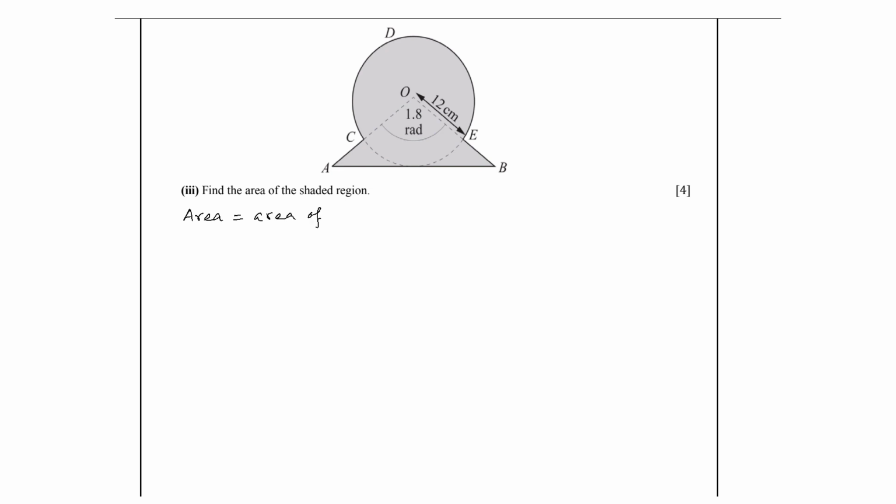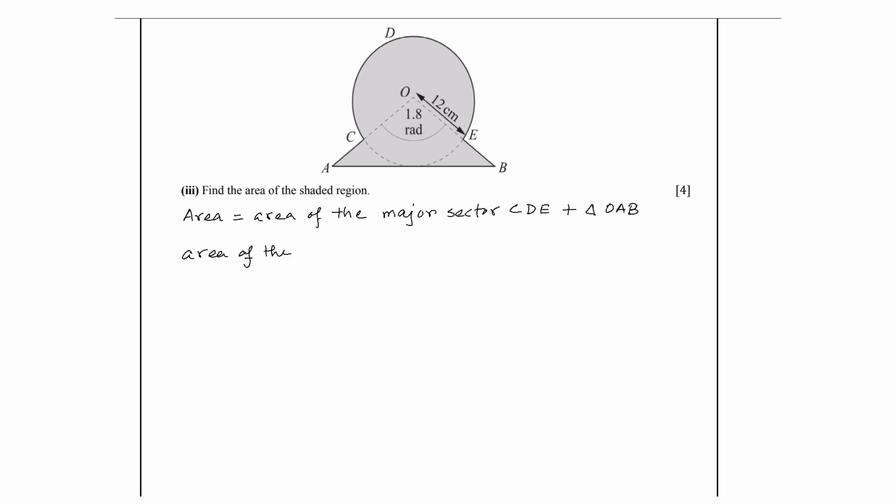So let's write area of the major sector CDE plus the other part is the triangle OAB. So let's write triangle OAB. Now we have to find these areas individually, and later on we will add them together.